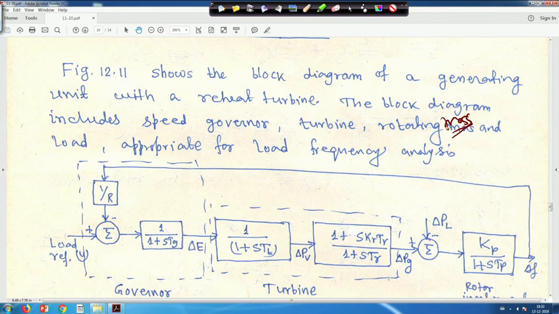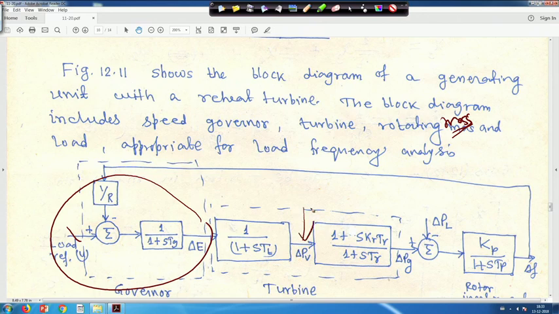So we have seen how to link the modeling. This is my governor, this is the load reference set point, and we have the 1 plus sTT block, with an intermediate point, delta PV, which we saw when we developed the reheat turbine modeling.